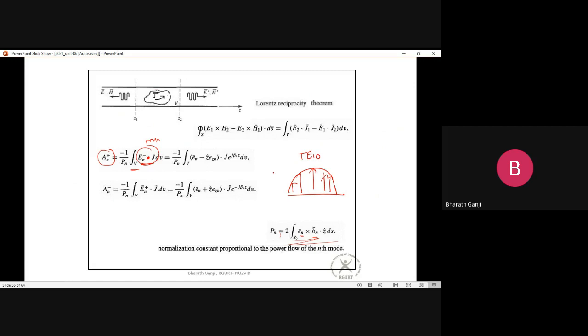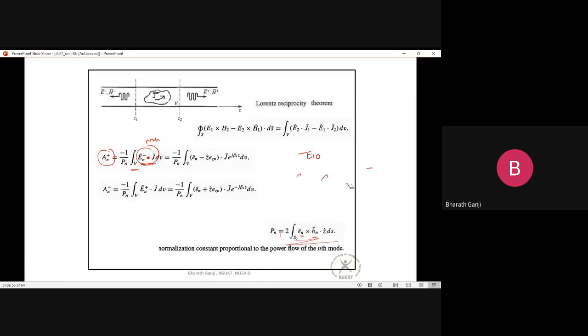If I have a current density which is also in this direction, then the electric field and the current density are in the same direction, that can maximize the value of the dot product. And I can see that the maximum electric field is at the center. So if you put a wire exactly at the center of your waveguide, there is a chance of propagating the T10 mode more, and the T10 mode has higher chances of getting more power.